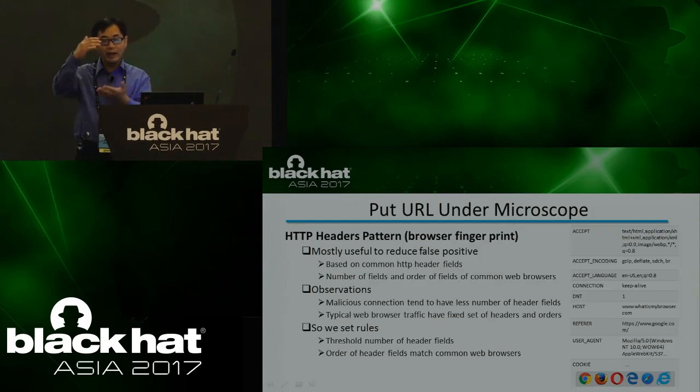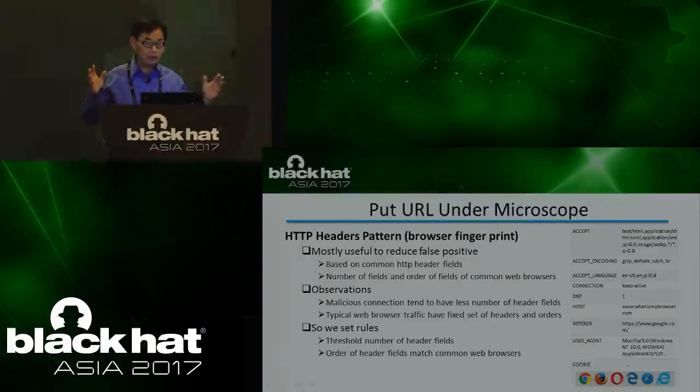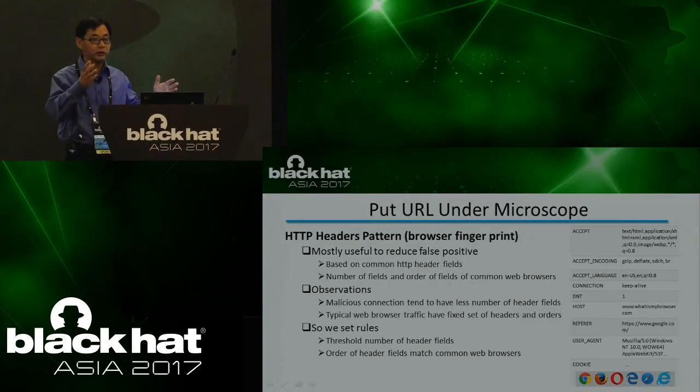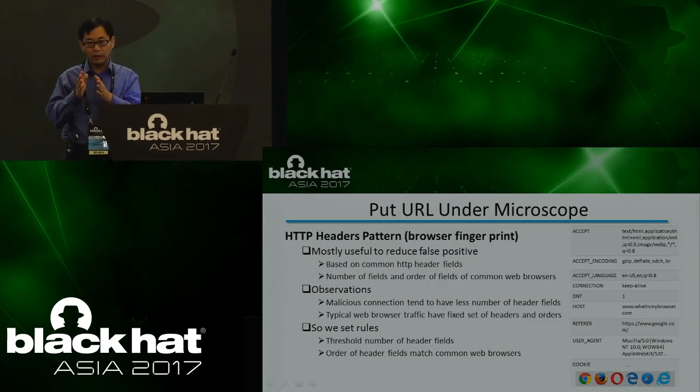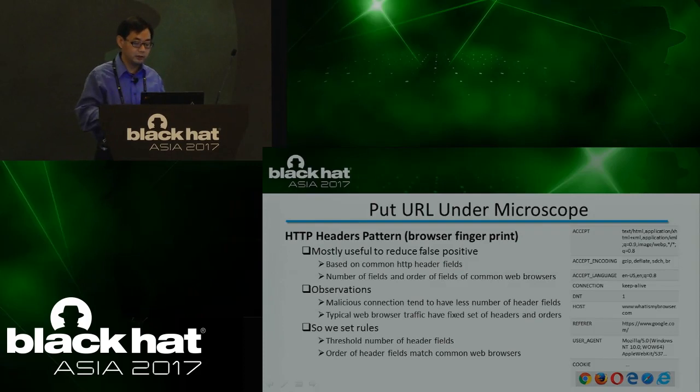So they tend to have a smaller number, but browsers have many header fields, and released versions normally keep certain orders. So we call this a browser fingerprint. We can use that to tell this traffic is actually from a common browser. So this is a way to reduce false positives.